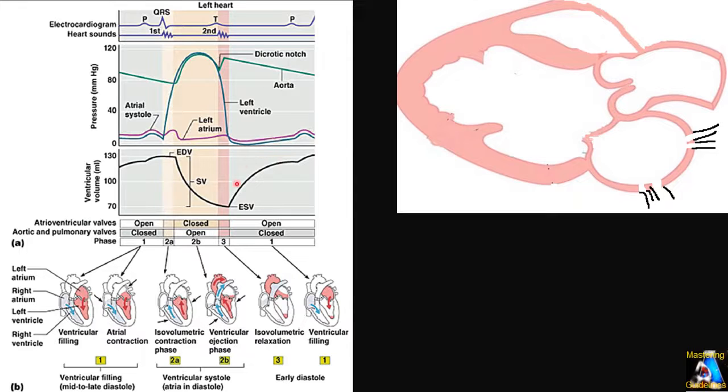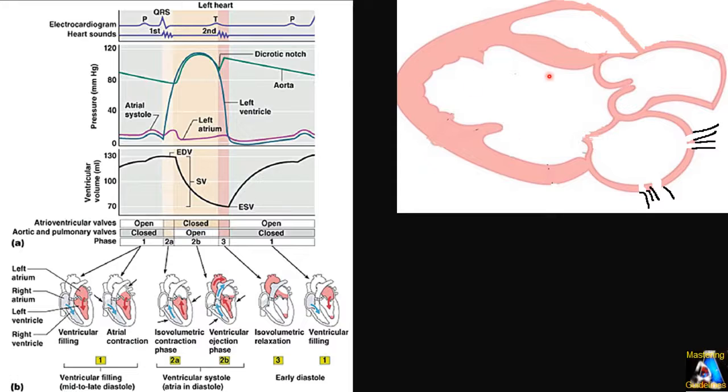As you can see here, this pink or violet, purple curve belongs to the atrial pressure. In diastole, the pressure gradually increases, because blood continues to drain from the pulmonary vein to the left atrium, and the pressure here increases.